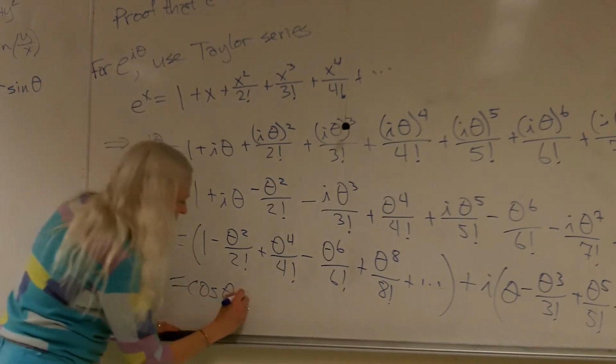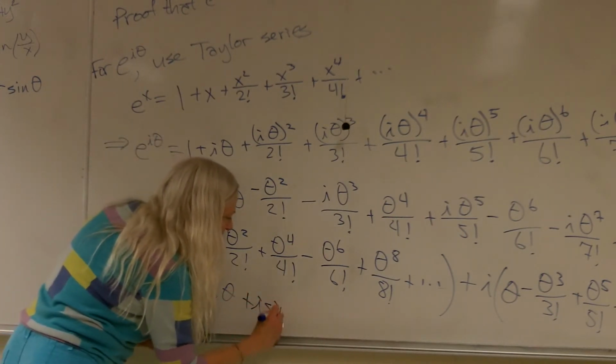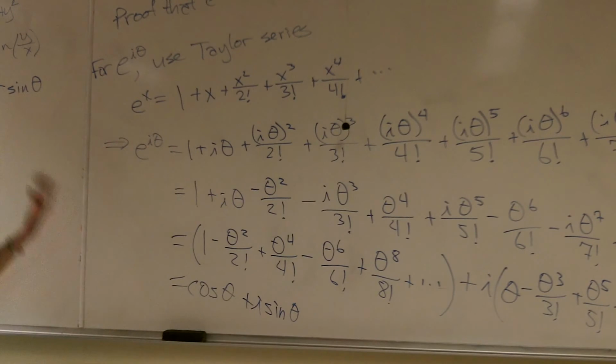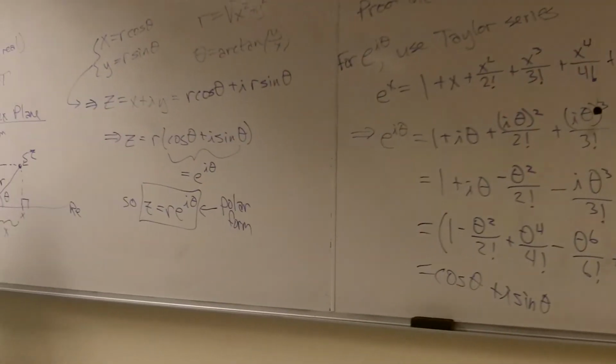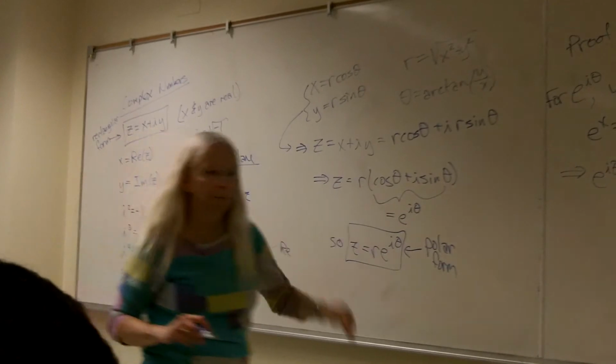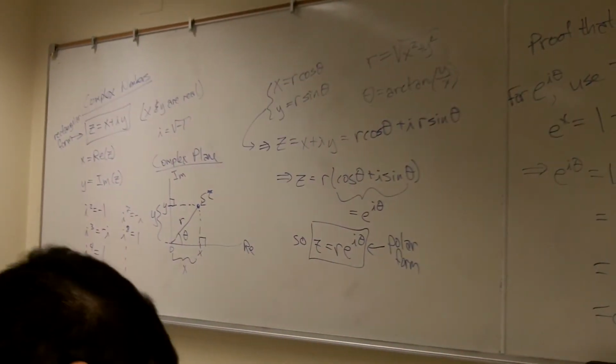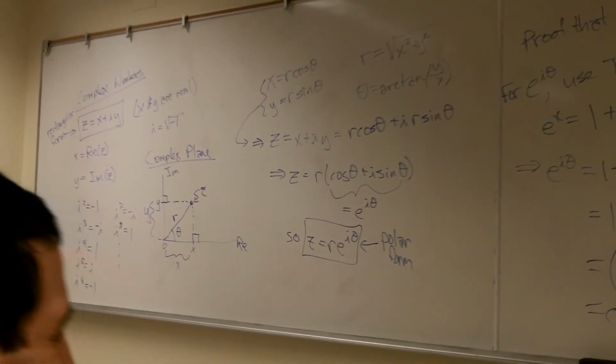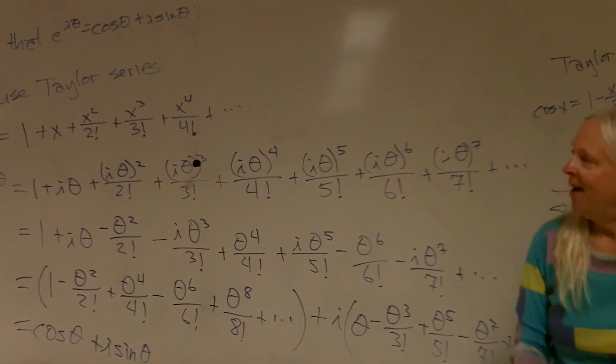So this is cosine theta plus i sine theta. And that's what I was trying to prove. So you see why this is true. And then that justifies how you can write this in polar form like this. It's not a matter of believing, right? I showed you. I proved it mathematically. You don't have to believe me.